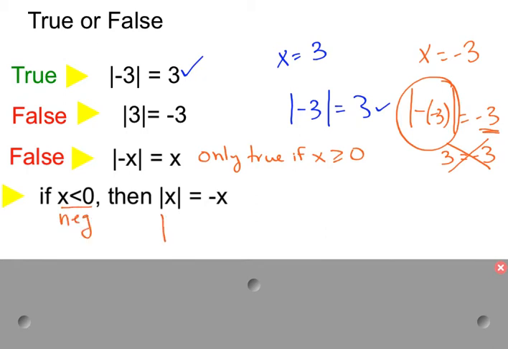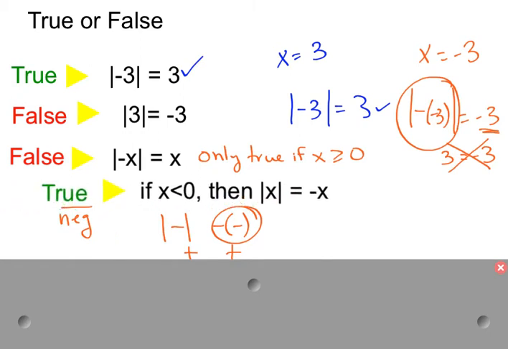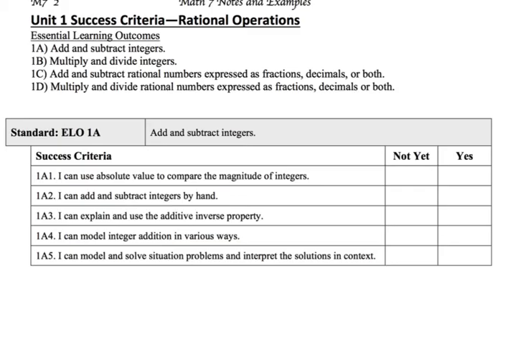So if you take the absolute value of a negative number, do you get the opposite of the negative number? Well, what's the opposite of a negative number? Oh, it's the positive of that number. If you take the absolute value of a negative number, you also get the positive of that number. So this actually ends up being true, but only because we limited it down to only negative numbers. Just as this one only works for positive numbers, this other one only works for negative numbers.